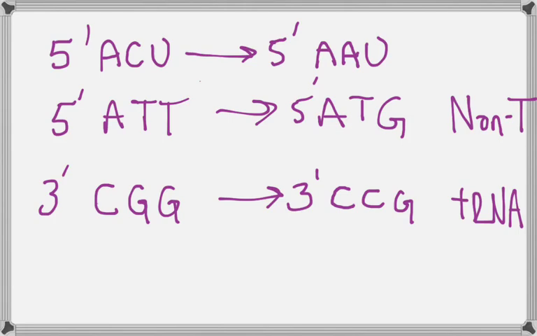So if this is reading 5 to 3 here, that means the other strand would be in the 3 to 5 direction, left to right. Exactly. What else? What does complementary mean? That's our base pairing. Perfect. AT or AU, GC. Perfect.